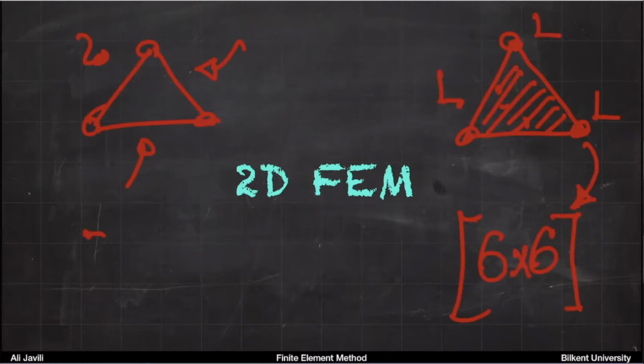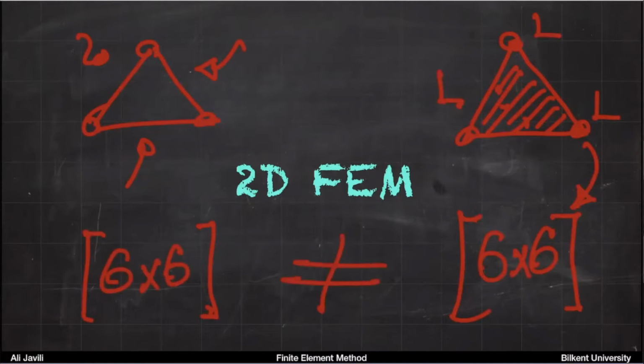Interestingly enough, if you talk about the same problem also here, even though you have 3 truss members in a two-dimensional structure, you would end up exactly also with a matrix that is 6 by 6. These are not equal, only the dimensions are equal. But again, this would be like 3 truss members. And this one is actually a 2D element.